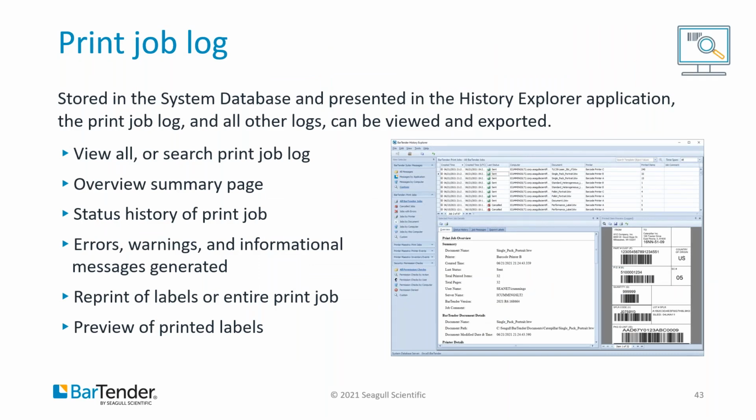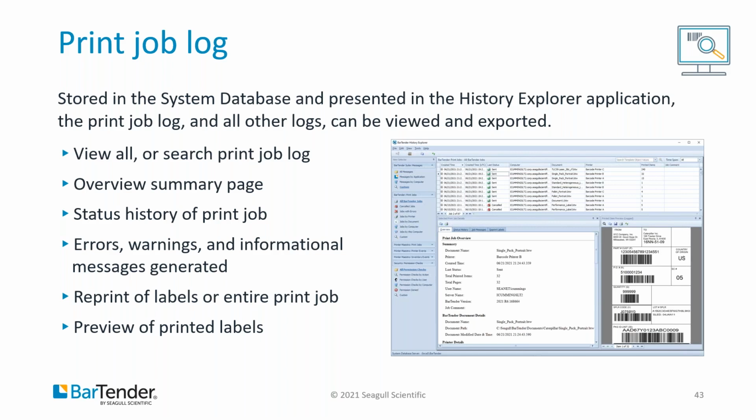Print job log. This is a log of the recorded print jobs, and typically you would use the History Explorer to view this. So you can view all of the print jobs that were generated by BarTender. And as you see there in the screenshot, you can see a list of records for each and every print job that was generated. You have an overall overview or summary page of that particular print job for documentational purposes.